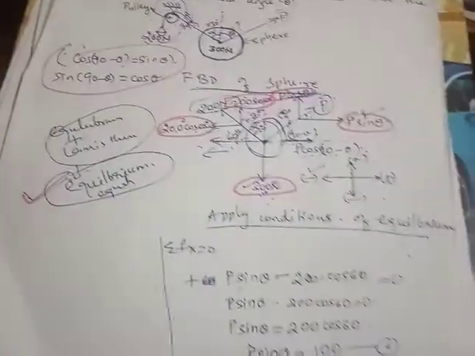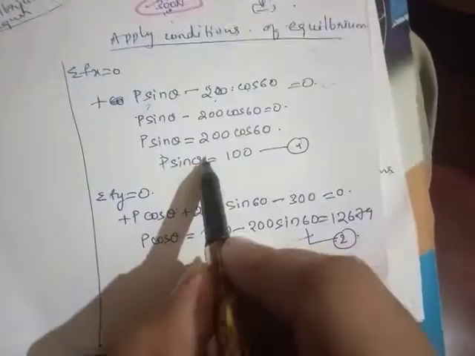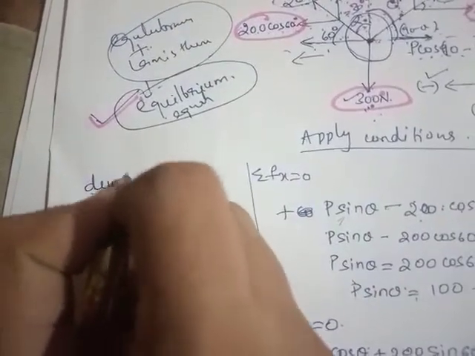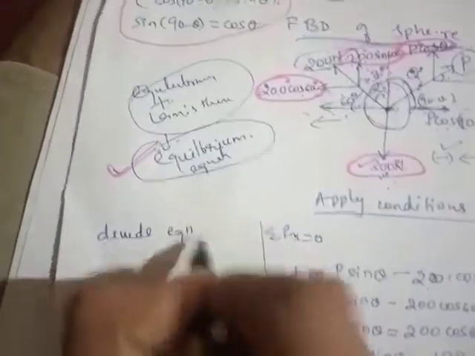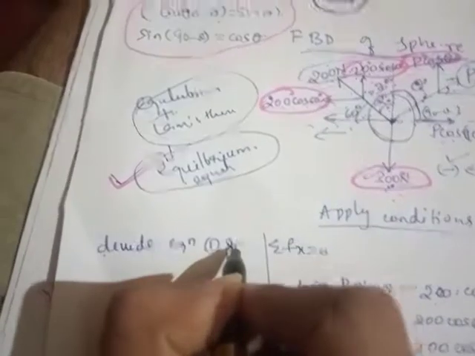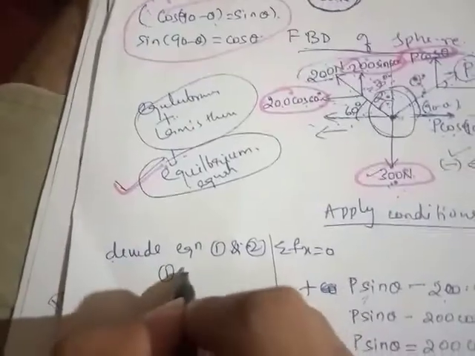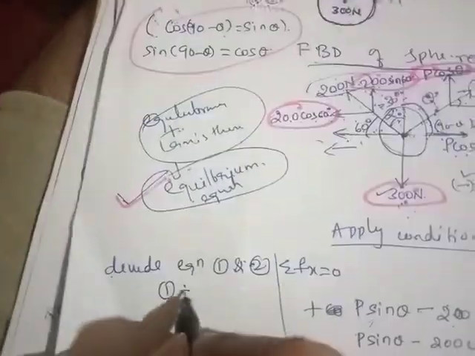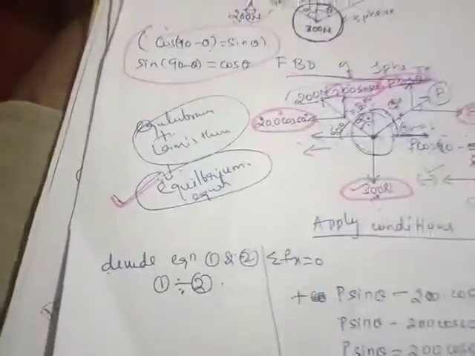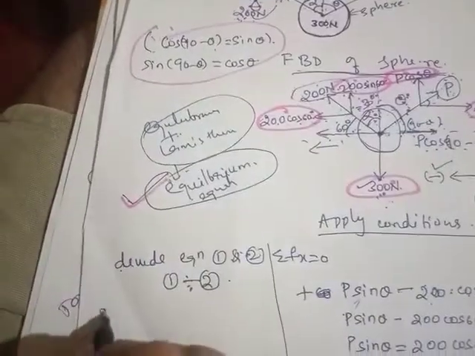Now divide equation 1 by equation 2. What is equation 1?